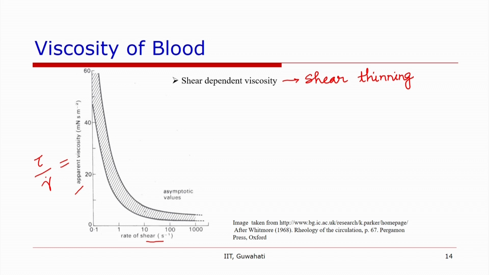Now, if you notice at high shear rates, which is above 100 per second, the viscosity of blood is almost independent of the shear rate. At 37 centigrade, this value is between 3 to 5 centipoise.